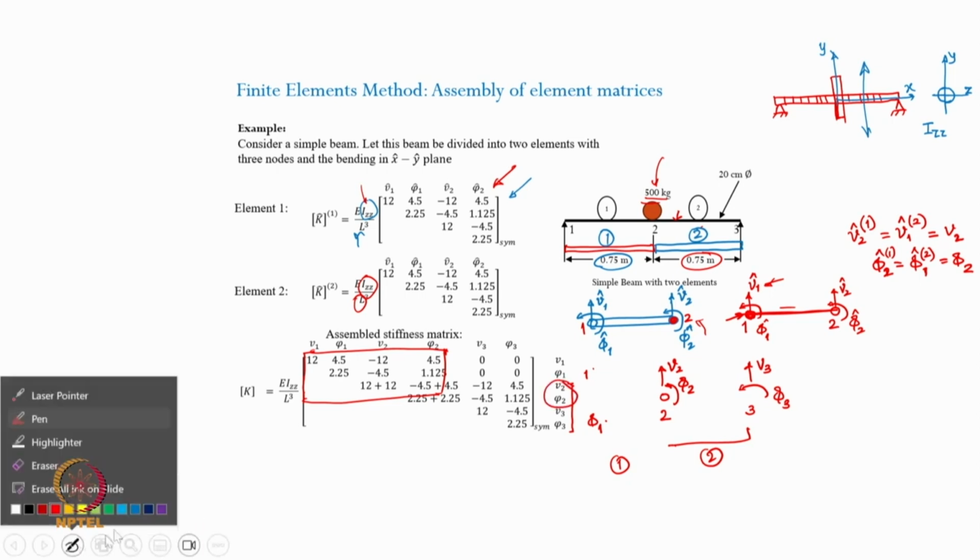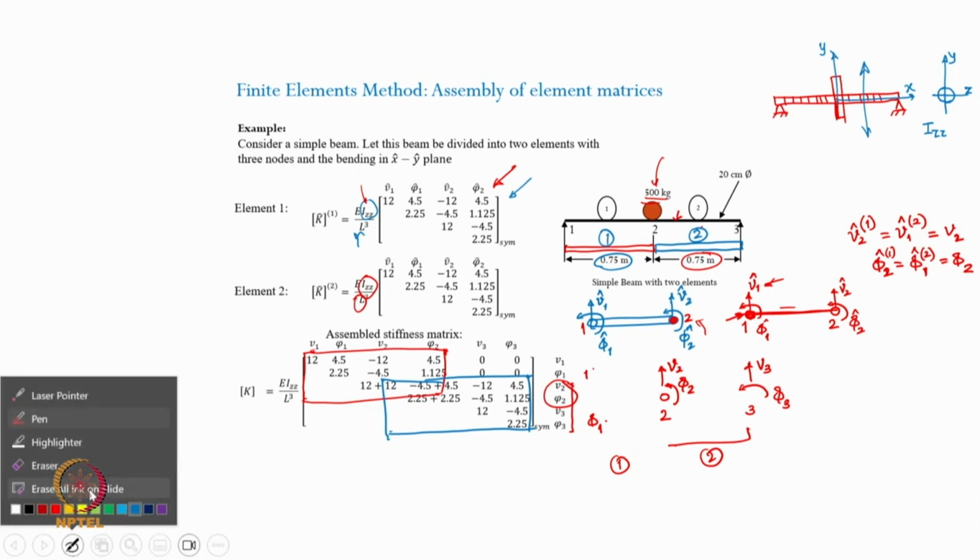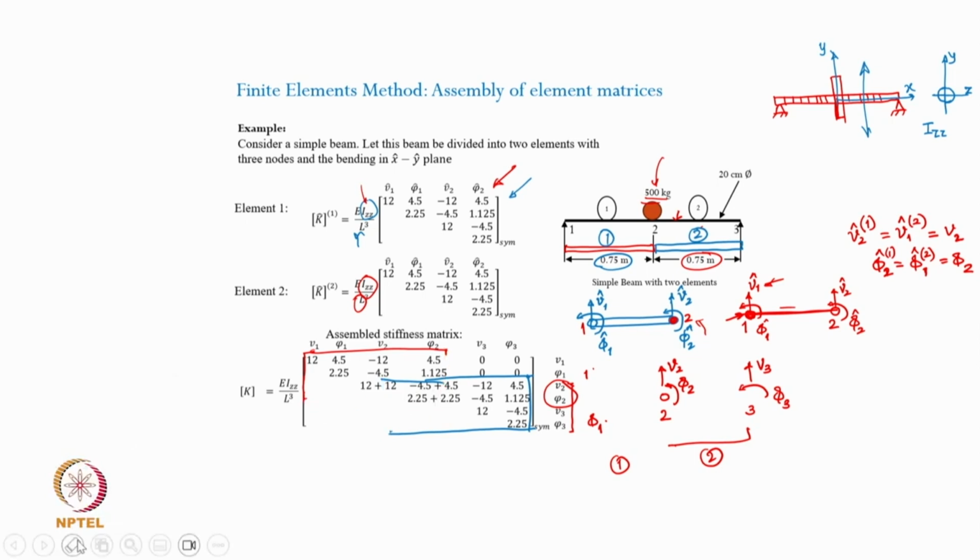So, there would be an overlap in these rows and columns which belong to the second finite element, and therefore, you will have addition of 2 elements of the element stiffness matrix, and that is how this is going to happen for the assembly process.